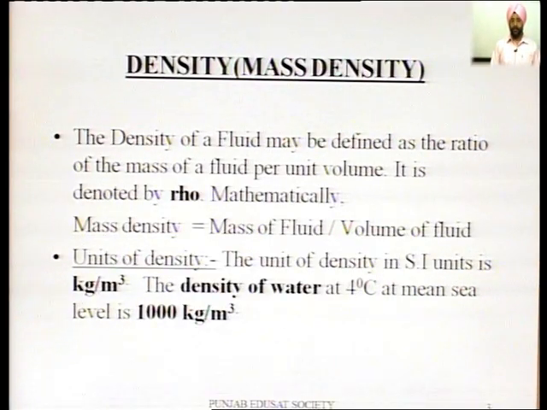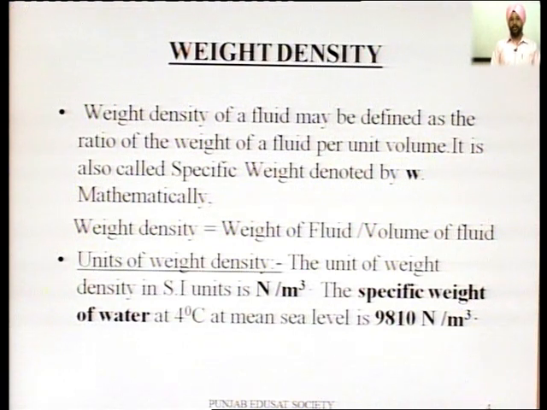One more term related to density is called the weight density. Weight density of a fluid may be defined as the ratio of the weight of a fluid per unit volume. So it is weight upon volume, also called the specific weight. This is the second name for weight density, denoted by small w. Mathematically, we can write weight density as weight of the fluid upon volume of the fluid.